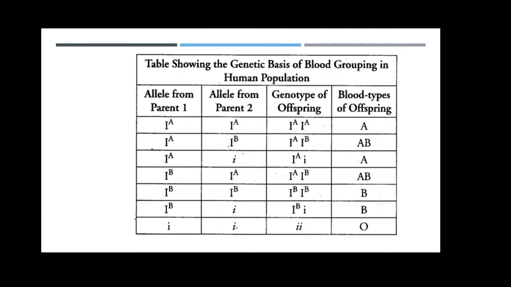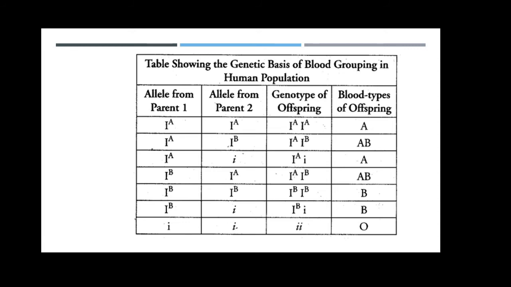So we can give the probability of the blood group in the next generation by studying the blood group alleles in the parents. That is what we are learning from this.